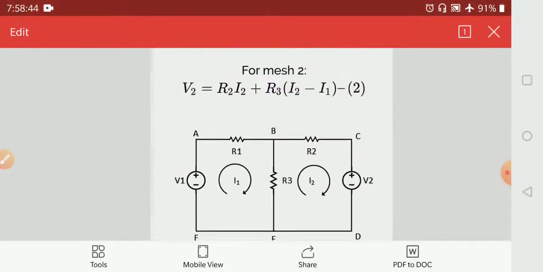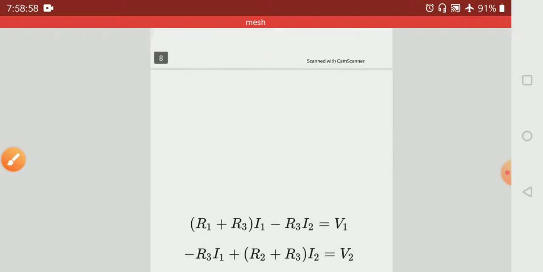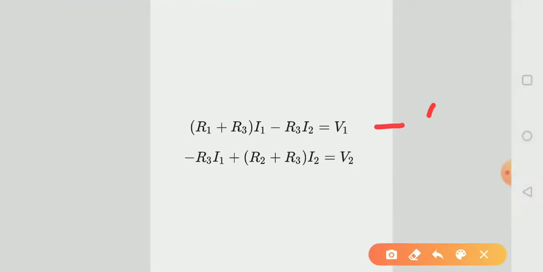Now if we take common I1, here is I1 into R1 and here is also I1 current with R3 resistance. If we take common the current I1, the equation becomes (R3 plus R1) into I1 minus R3 into I2 equal to V1.